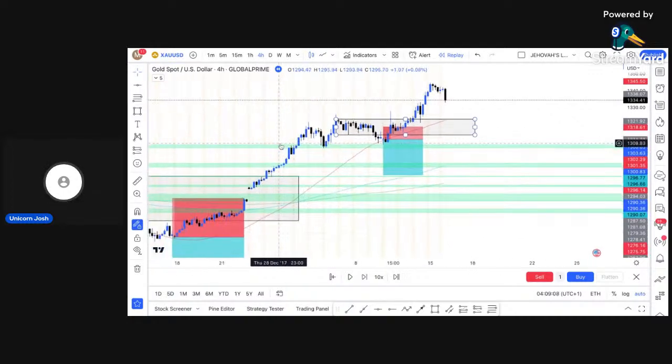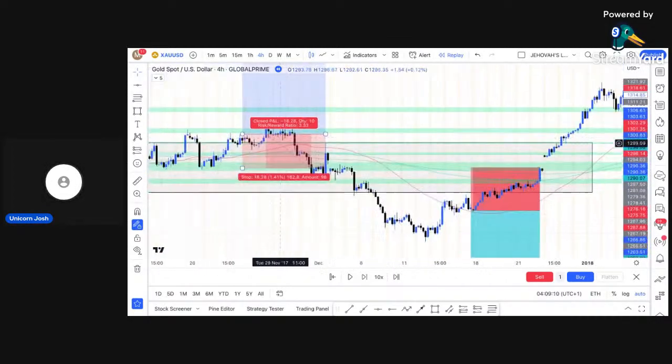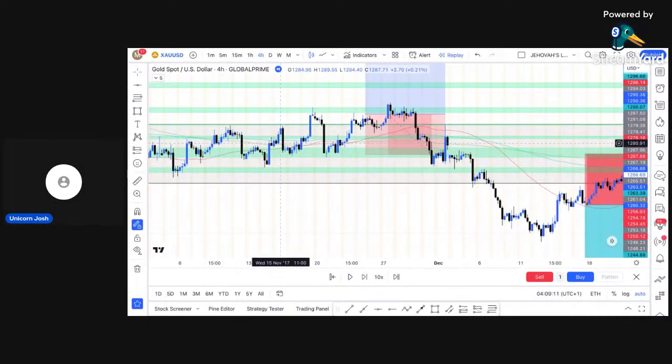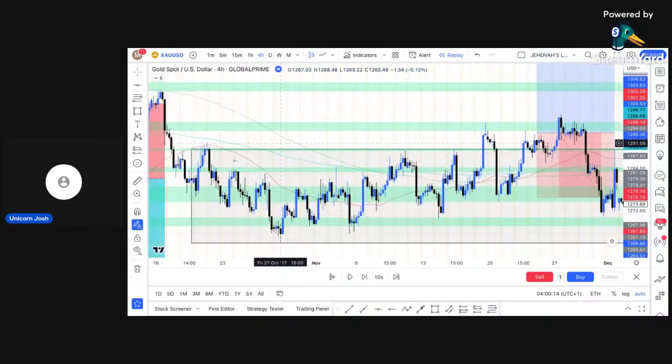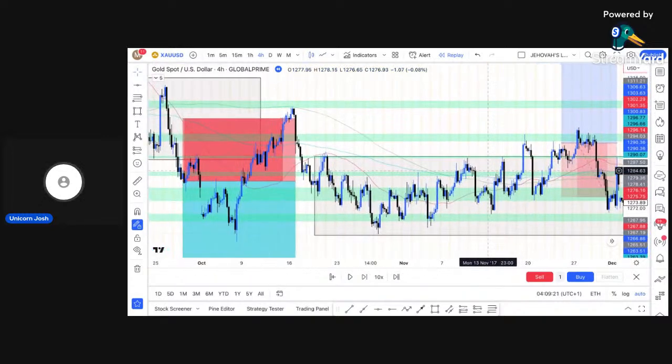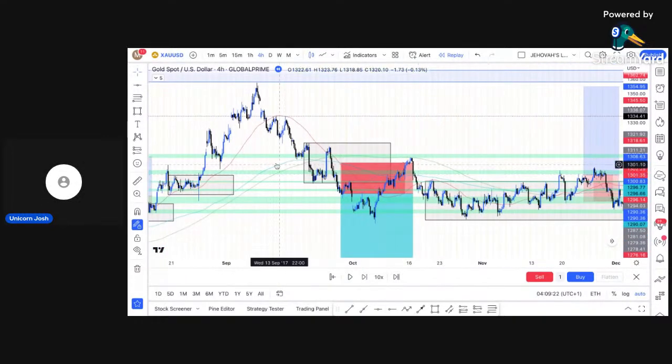The ideal ones are the ones where you have multiple candles like this one, where the price is moving around in the area properly, not just one or two candles. Look at this, touch, touch, touch, touch. Something else is I need to have at least two touches on either side.